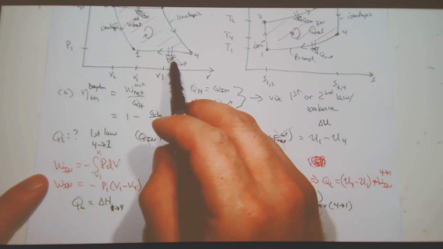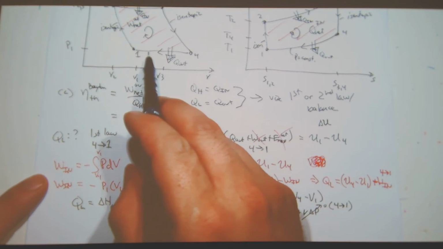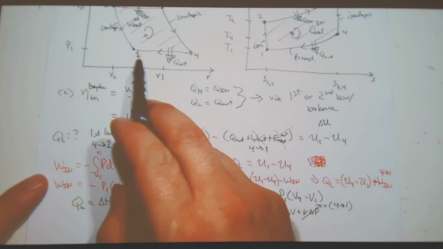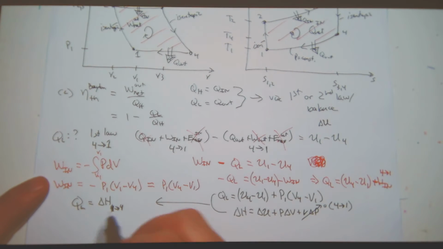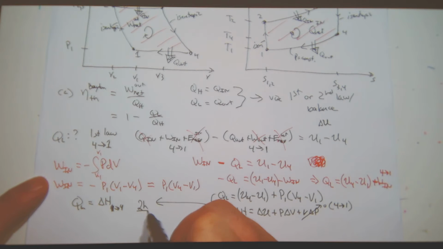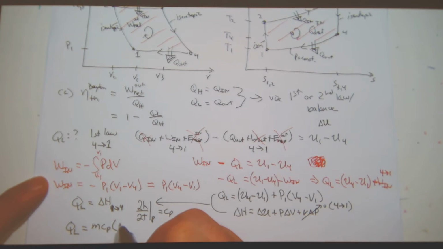Multiplying QL by a minus sign is equivalent to making it QN, which is equivalent to going from 1 to 4 instead of 4 to 1. So I have this, and based off of partial H with respect to T at constant pressure equal to Cp, I get QL is equal to the mass times heat capacity at constant pressure times T4 minus T1.